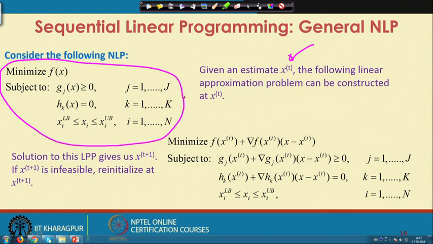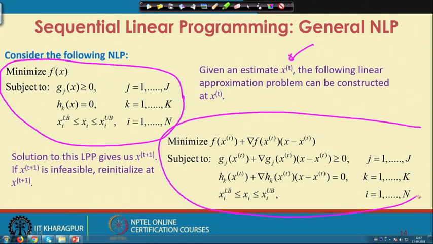We retain only the first order terms and can get this set of expressions or this linearized problem. Note that f x has been linearized around x t as f of x t plus gradient of f evaluated at x t into x minus x t.